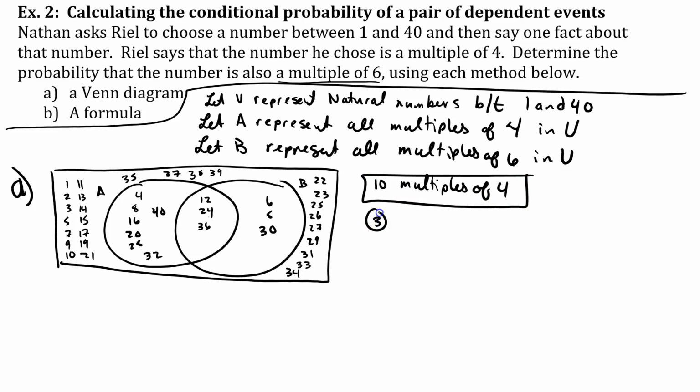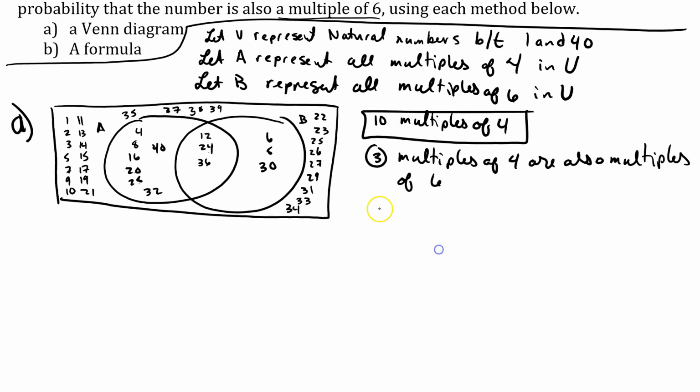And 3 of these multiples are also multiples of 6. That means that the probability of B given A, the probability that the number is a multiple of 6, given that you already know that it's a multiple of 4, is going to be 3 out of 10.